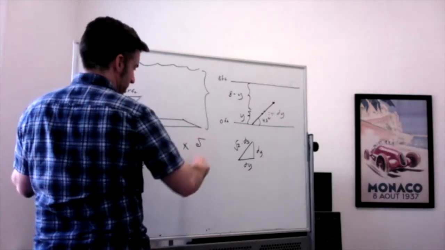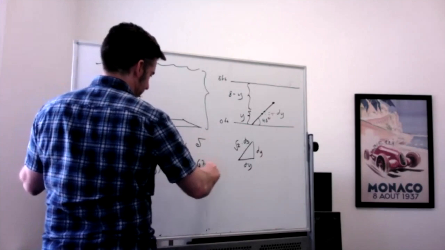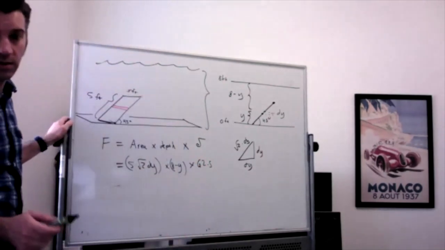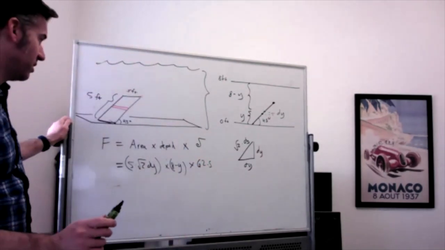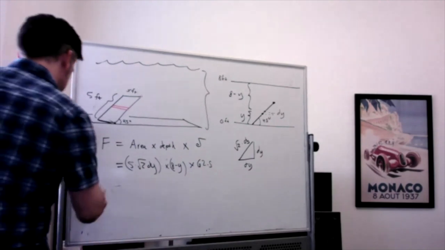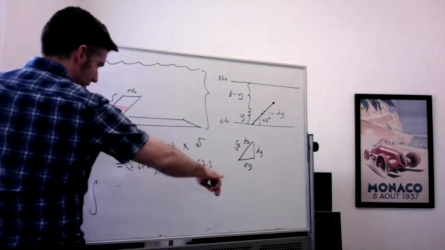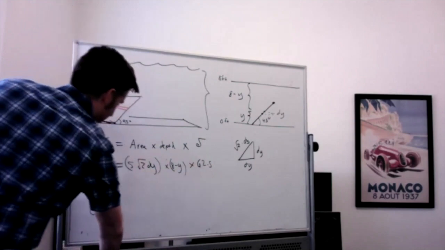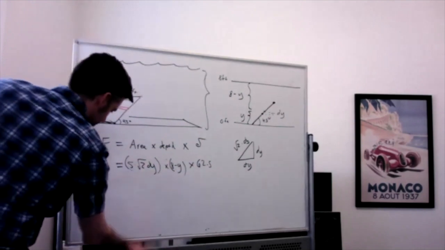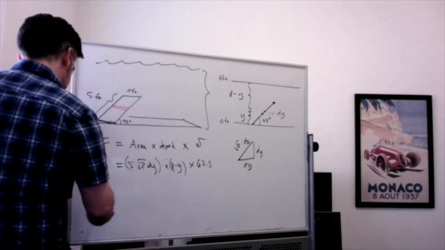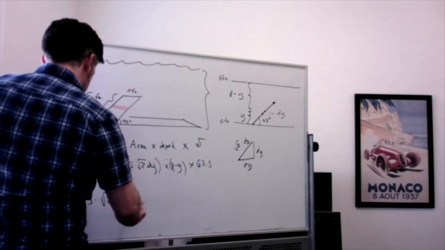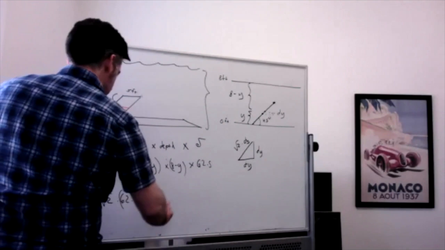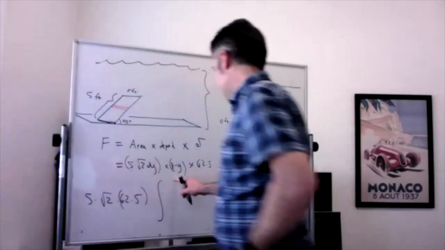And the density, I'm going to go with 62.5. So the other thing we have to do is now we have to integrate this whole thing. I'm going to bring up the constants. So it's going to be 5 times root 2 times 62.5 times the integral of 8 minus y dy.